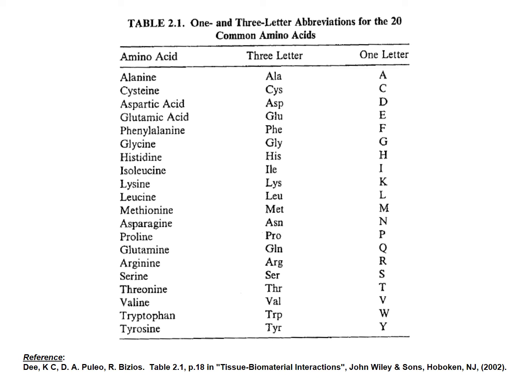For example, aspartic acid starts with A, but the one-letter denomination is the letter D. In the case of arginine, another amino acid which starts with the letter A, the one-letter notation is the letter R, and so on and so forth.